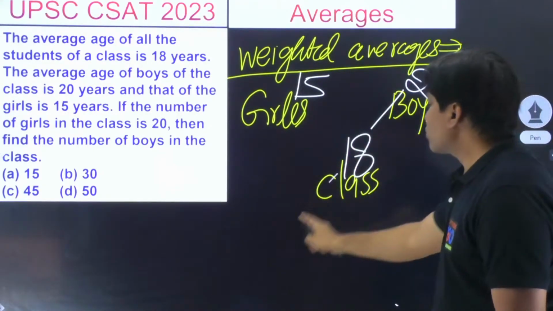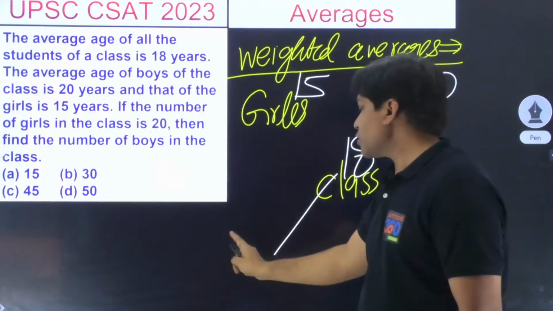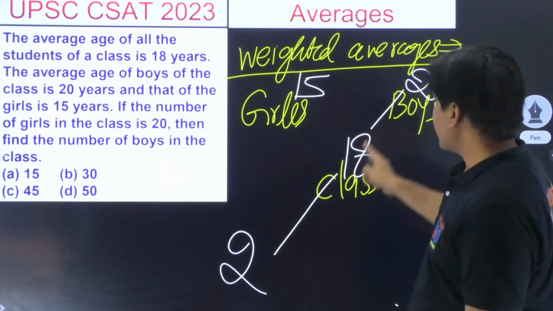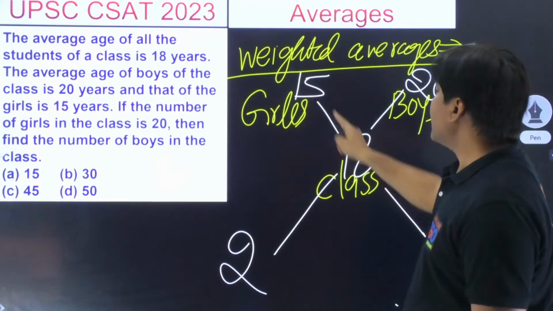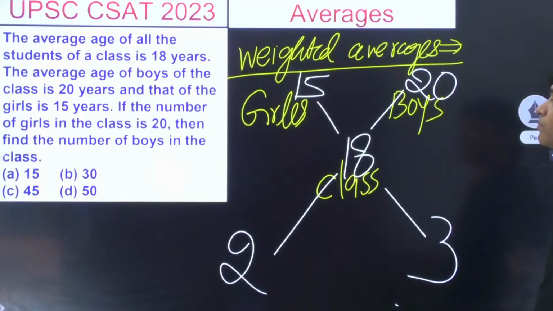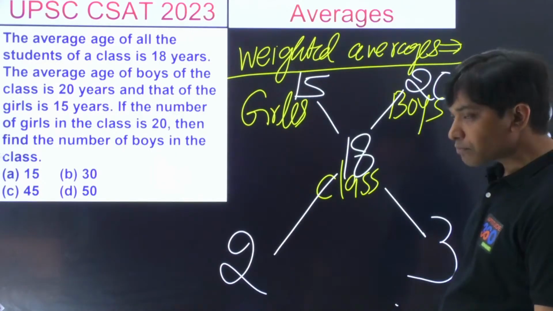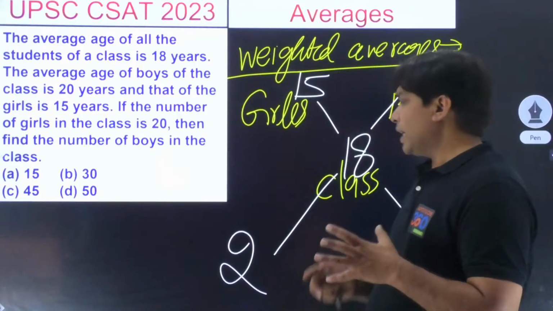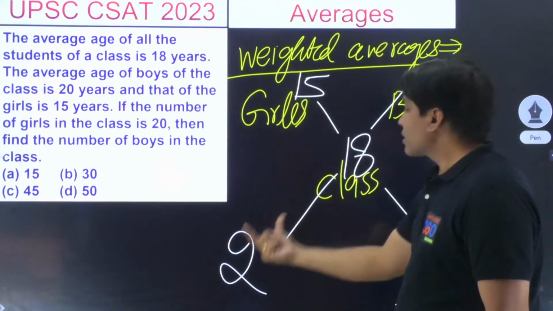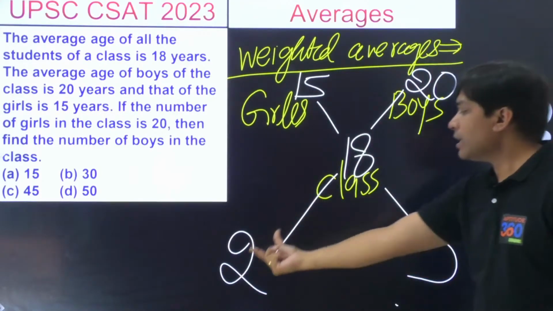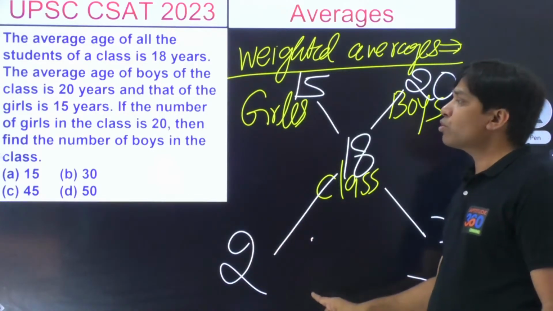And what is the average of the entire class? 18 years. So can I say that in what ratio they should be mixing? This minus this is 2 and 18 minus this is 3. Do you understand? In what ratio in the classroom, in what ratio girls and boys should be there? They should be in the ratio of 2:3.